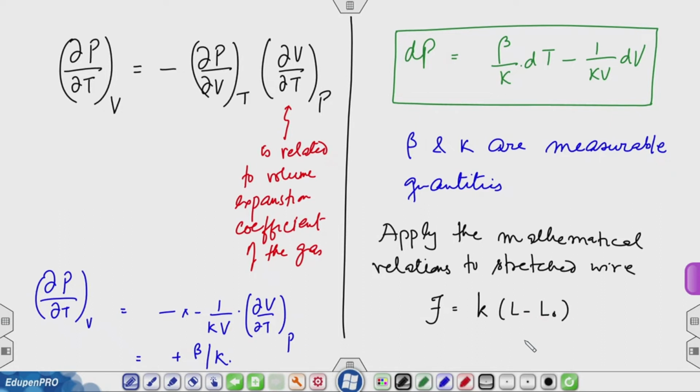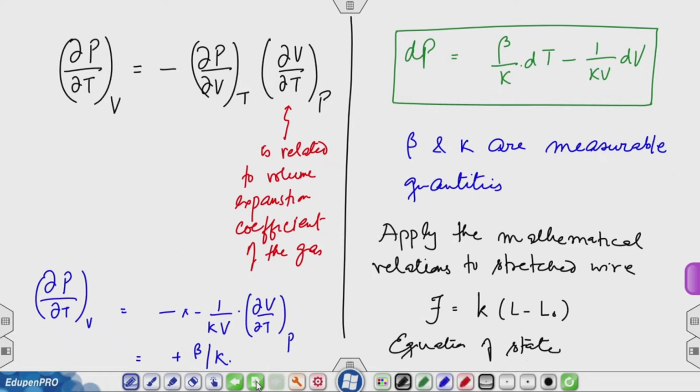That's the equation of state. It's limited to the elastic regime, but nonetheless we're going to work in that regime. So force is given by Hooke's law as K times L minus L0. L0 is the unstretched length.